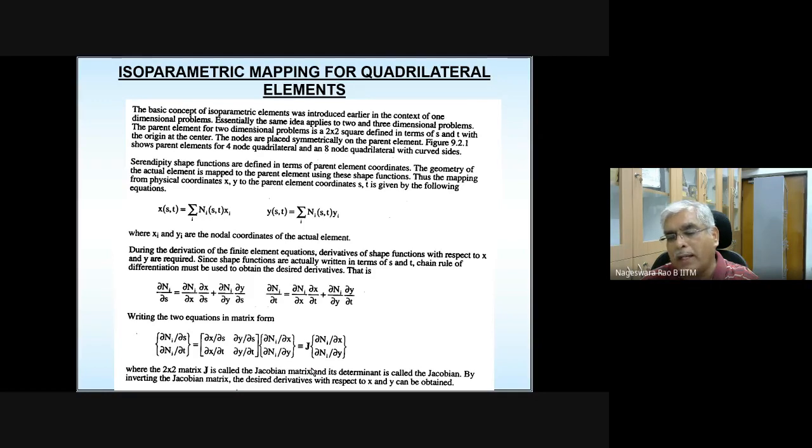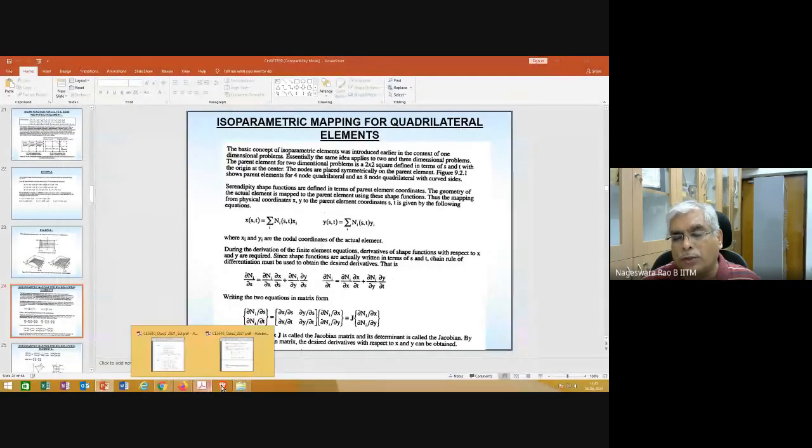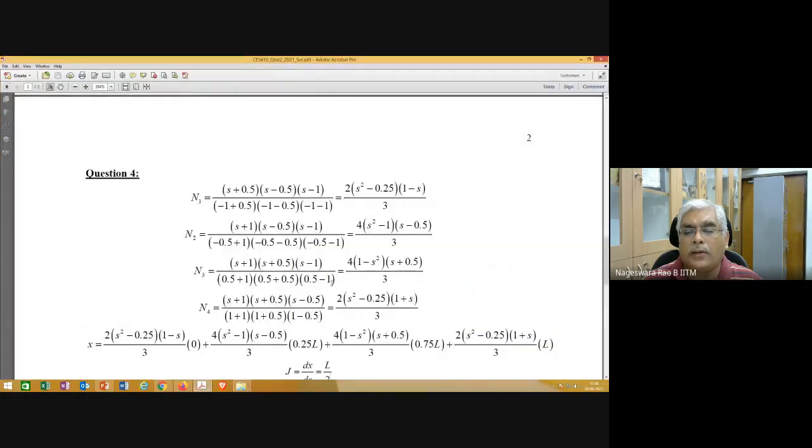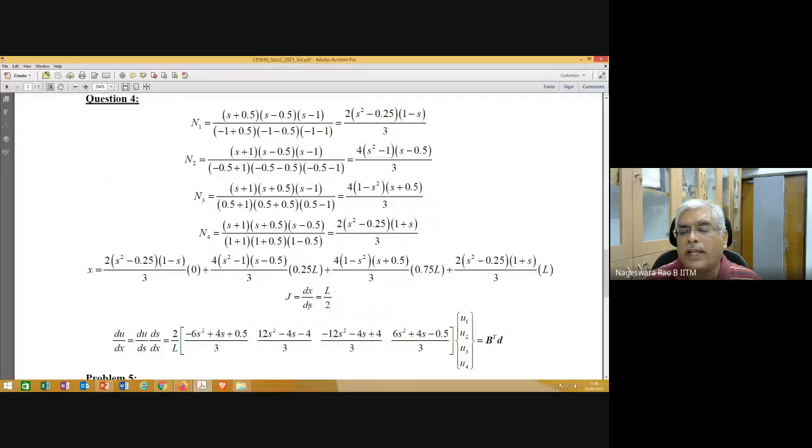If you give me time, then I will once again show you the similarity between whatever we just discussed and the quiz problem. This J is defined as the derivative of x with respect to s.